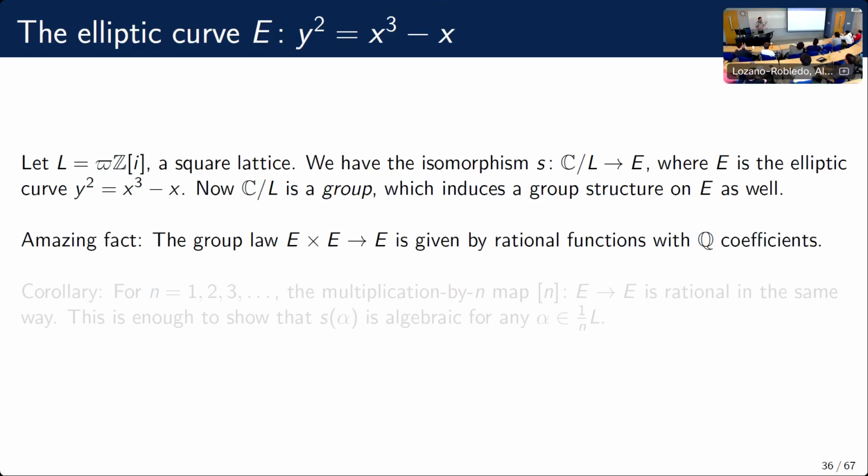So one interesting thing is that with the group law, if you have one solution to this and then you have another, you can get a third solution. And that third solution is given by taking the original points and combining them as rational functions with rational coefficients. So basically, to get the coordinates of the new point, there'll be a numerator and denominator, and each of those is going to be polynomial in the old points.